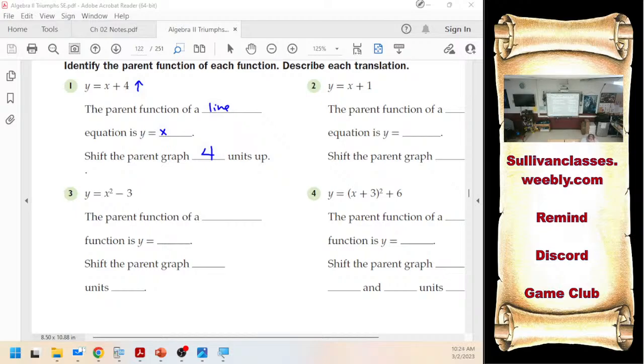Out. So I go to this stuff and say outside parentheses minus 3. It says go down. So I'd say I'm going to go 3 units down. That's it. Squared or not, line or parabola. Inside or outside, go look at your arrows. Okay?